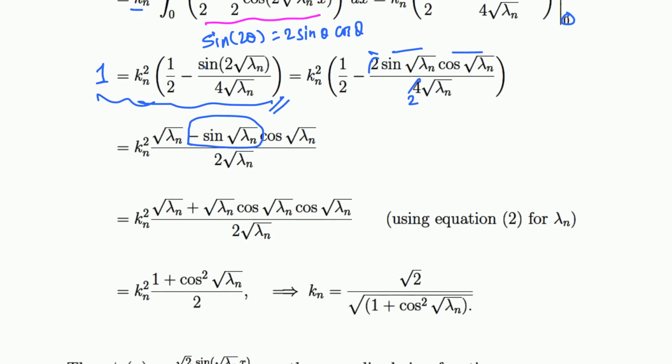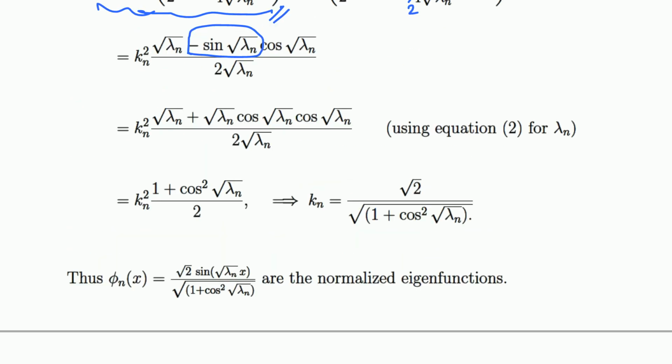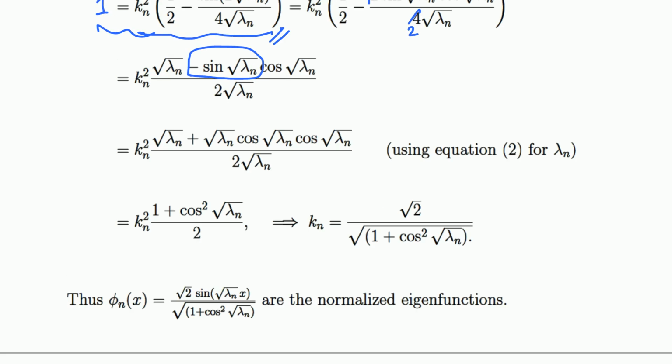So we get plus root lambda n cosine squared, and in fact we can factor this root lambda n from these two terms and cancel with this.